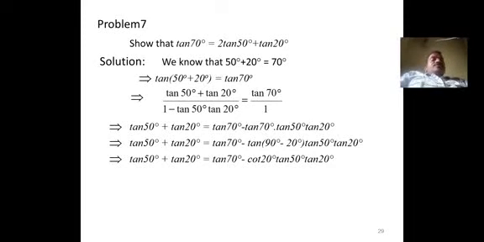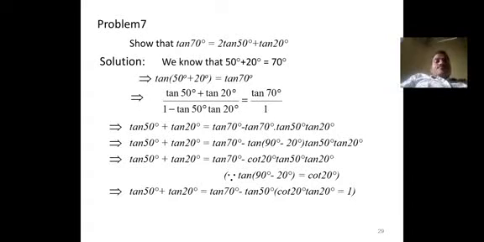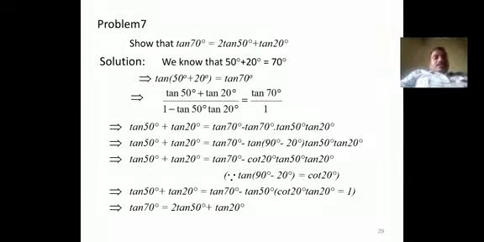Cot 20 and tan 20 will cancel because the product is 1, so tan 50 plus tan 20 is equal to tan 70 minus tan 50. By taking tan 50 to the left hand side, you get tan 70 is equal to tan 50 plus tan 50 plus tan 20. This is the required result of the problem.